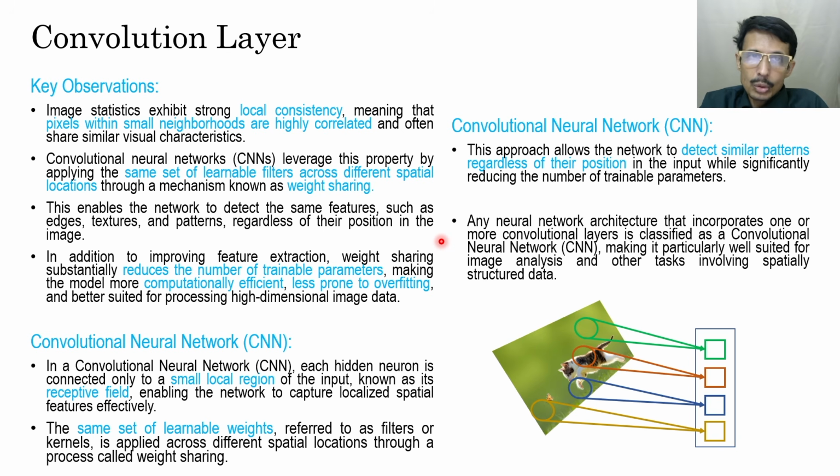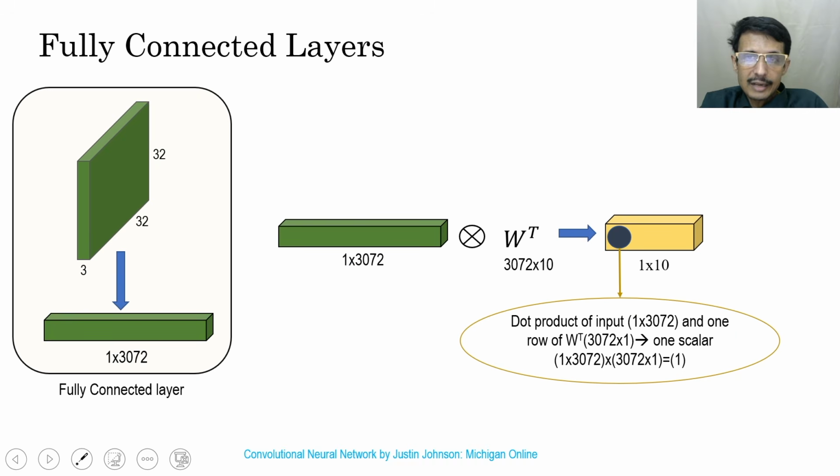Now, with this background, we're going to build an architectural understanding of CNNs, or you can say convolutional kernels. Let's say there is a fully connected layer.